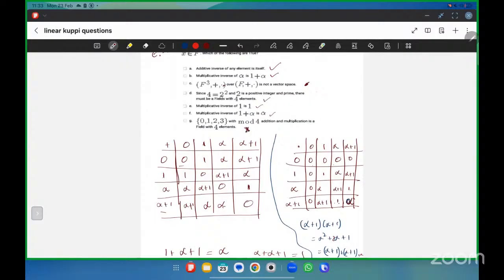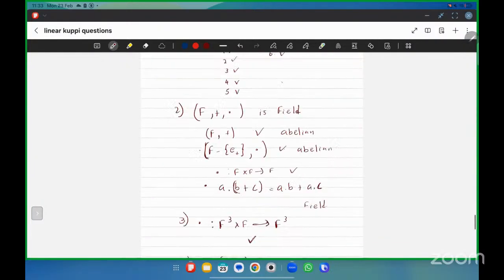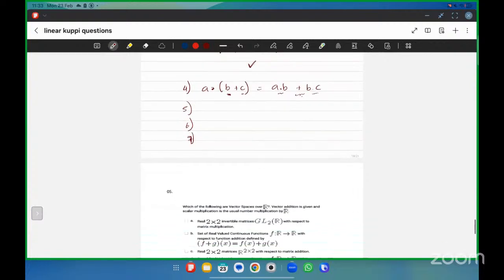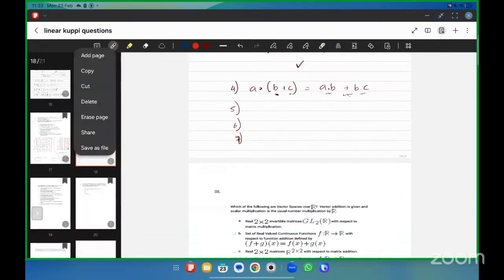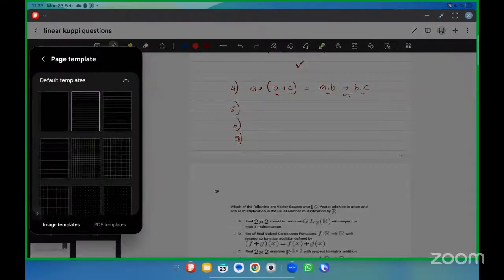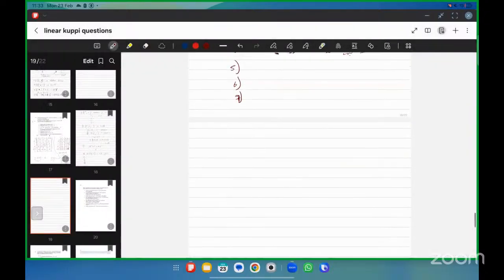If we write the table for this one, for the G1 it is 0, 1, 2, 3 with mod 4.